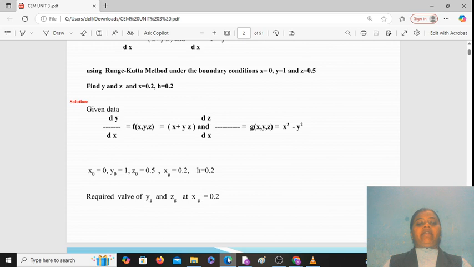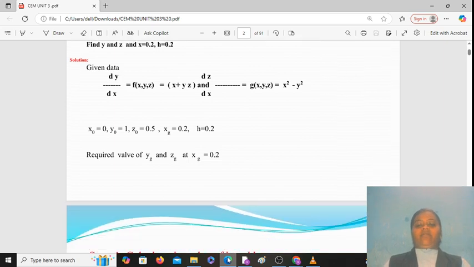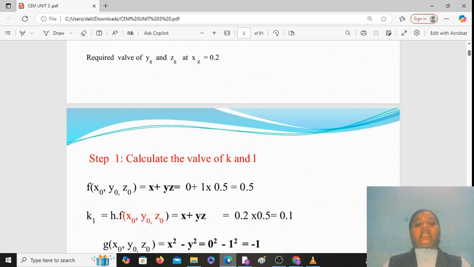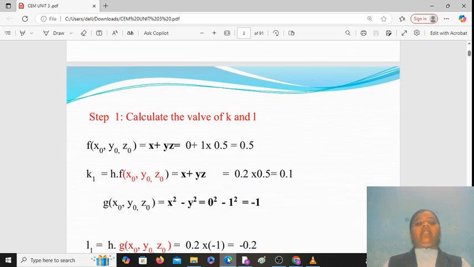Now required values are yg, zg at xg is equal to 0.2. We calculate yg and zg for 0.2. Step 1. Calculate the value of k.